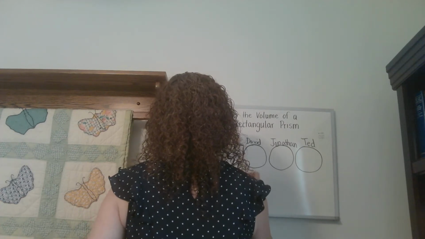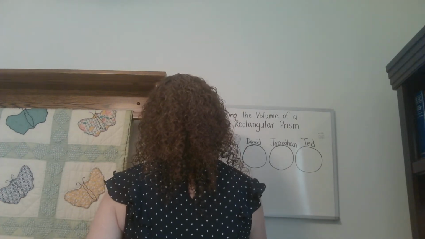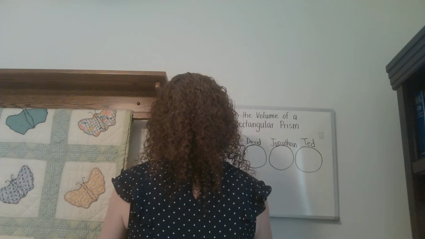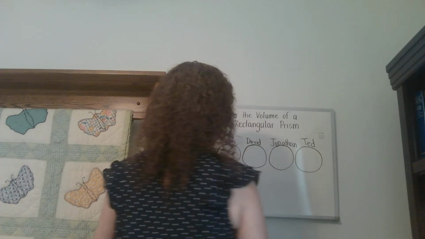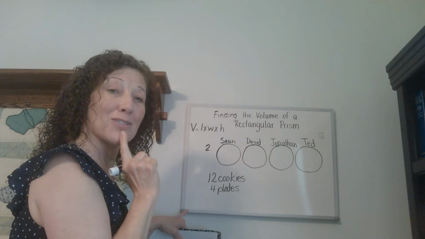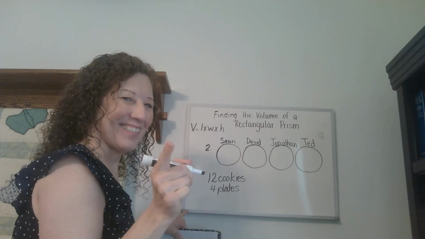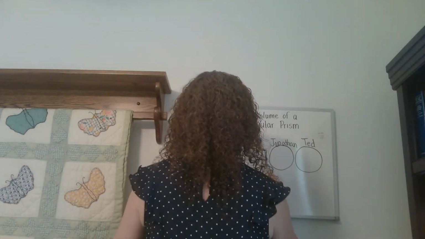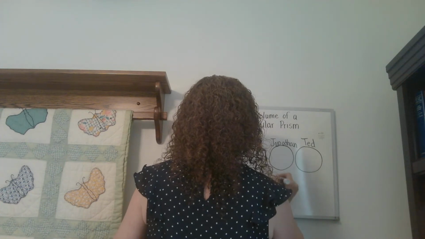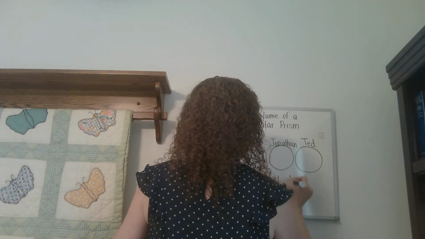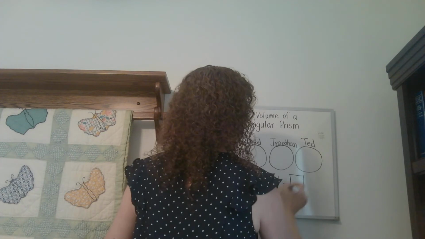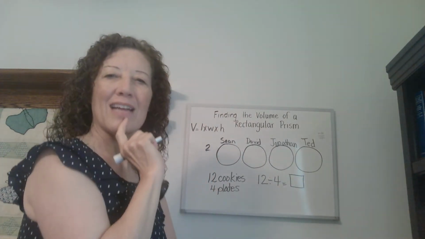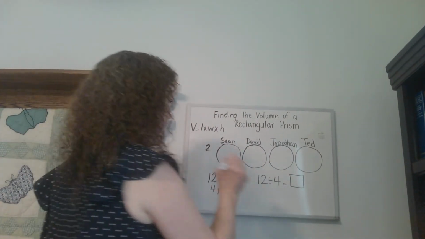There's 12 cookies, and there are 4 plates. So do you know what the number sentence would be? Good. 12 divided by 4 is equal to some number. Now we got to figure out the number. 12 divided by 4.